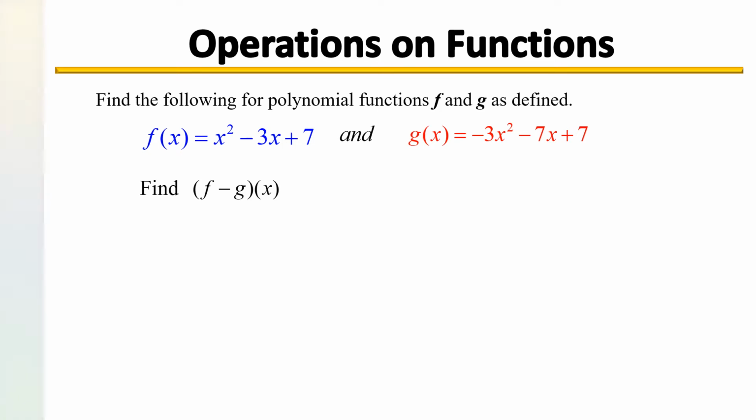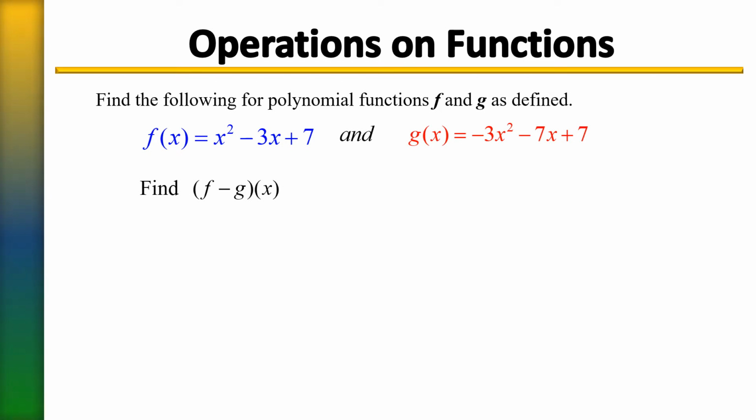In this example, we're asked to find f minus g of x. That means we're going to subtract these two functions. So keep in mind that because this group g of x has the negative in front of it, everyone that is in that group of g of x, we have to change their signs to their opposite.